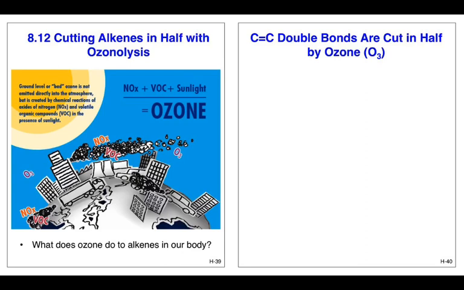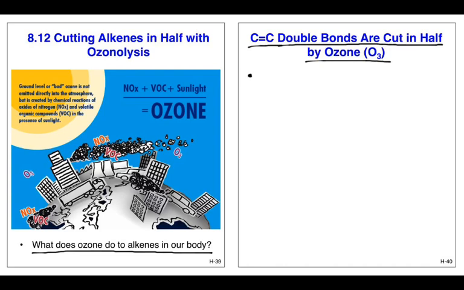This ozone does this kind of cutting of olefins, this kind of reaction I'm going to show you, and that's bad for us. If we inhale that, it can cause lung damage and bad breathing problems and things like that.